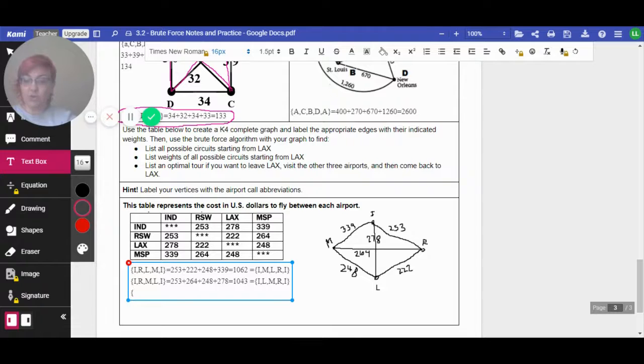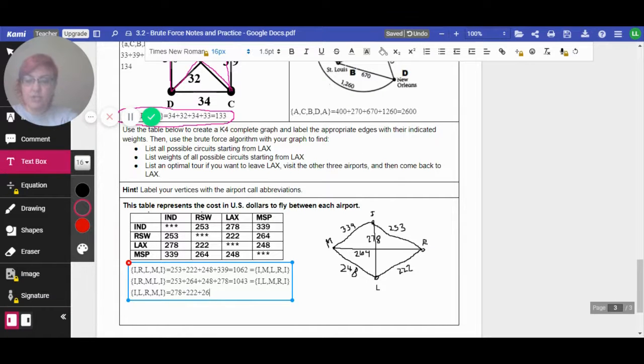Last but not least, we'll go I, L. Now I cannot go I, L, M because that's a mirror circuit that I've already done. So I will go I, L, R, M, I. I to L is 278. L to R is 222.